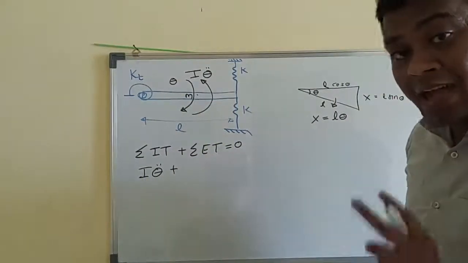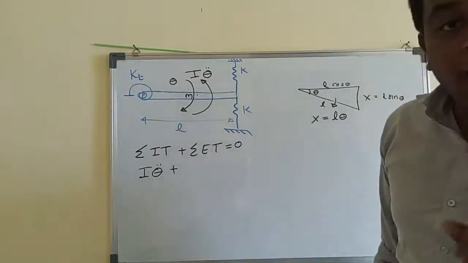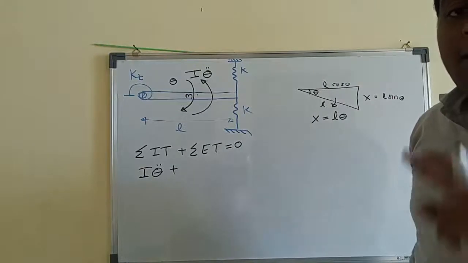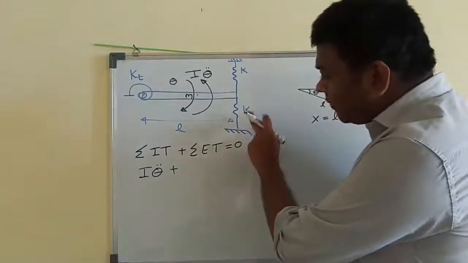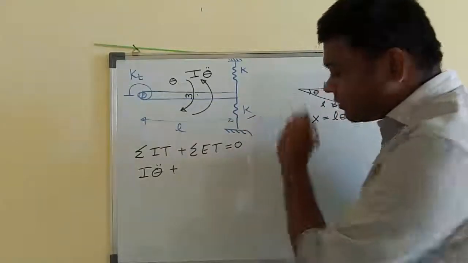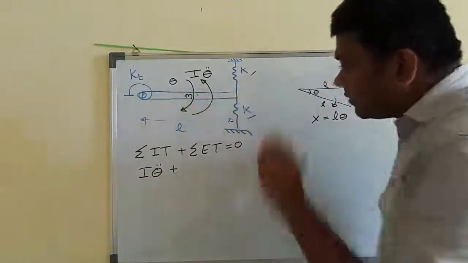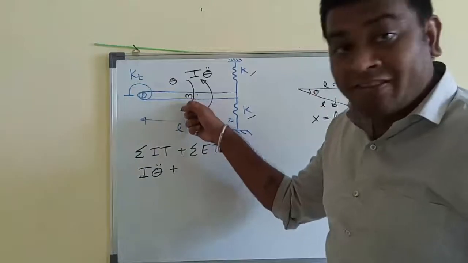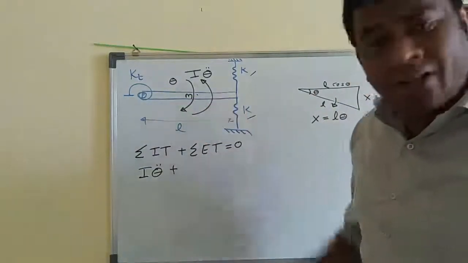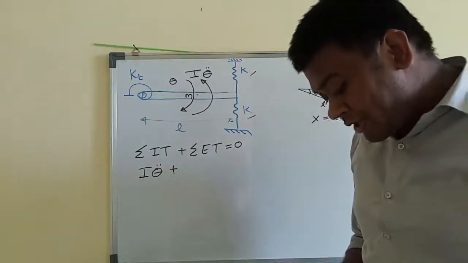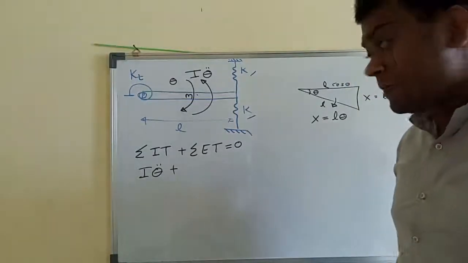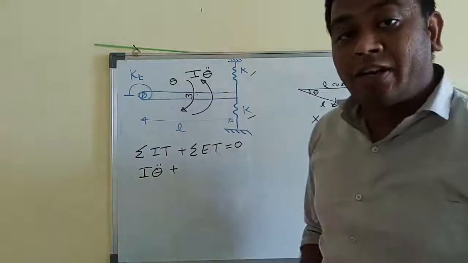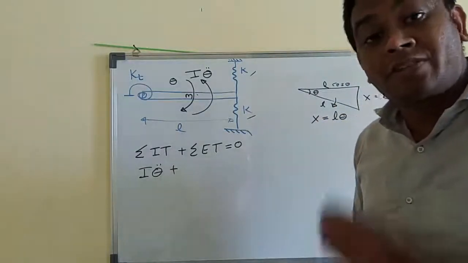To find it, first we have to identify the external forces present in this system. We have the spring force of this spring, the spring force of this spring, and the weight, which is the self weight. As I stated in the derivation, we neglect the self weight because the self weight is a static condition.